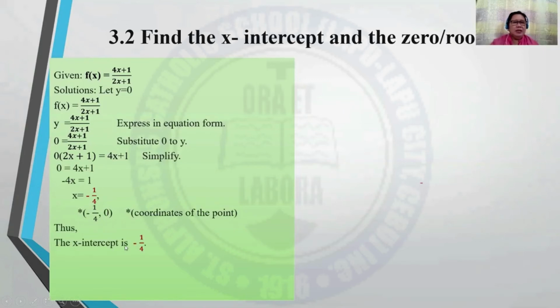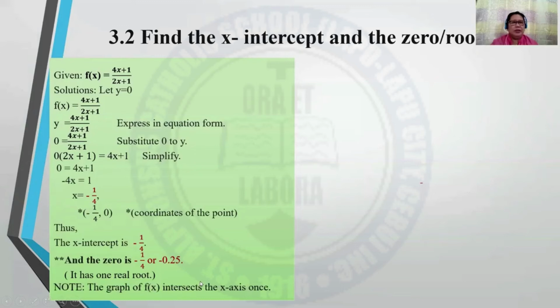Thus, the x-intercept is negative 1/4 or negative 0.25. If the x-intercept is negative 1/4, the zero is also negative 1/4. And it has only one real root.